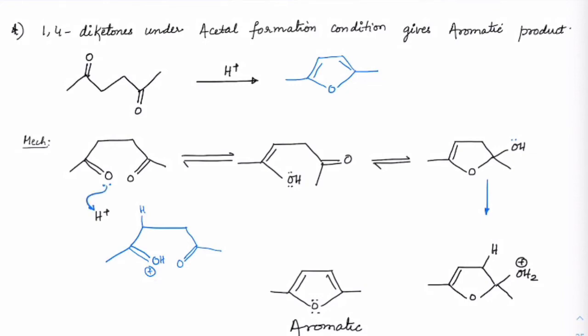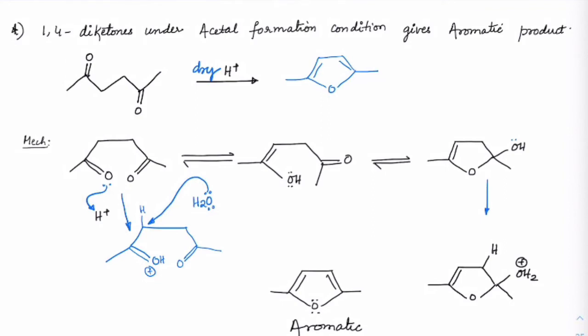The lone pair on oxygen first takes away H plus in the presence of dry H plus or dry HCl here. So on taking H plus, this is what has happened. Now the H2O within the molecule, once you get this form here, when you treat that with aqueous solution, water will take away this H plus, which means this can be feasible in both aqueous medium as well as dry HCl and then addition of water.